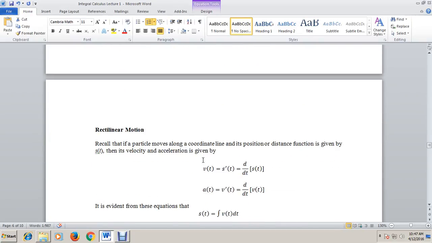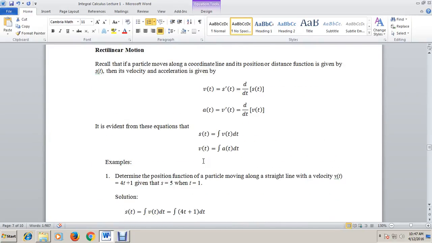Okay, so let's have the first application for antidifferentiation. We have rectilinear motion. Rectilinear motion is also a term referring to linear motion or motion along a straight line. This is actually an application for the integration in physics, wherein you try to recall that one of the major topics in physics is linear motion or motion along a straight line, which is of two types.